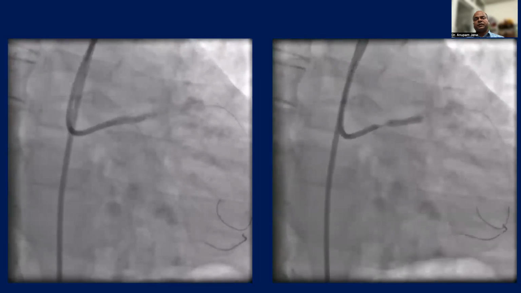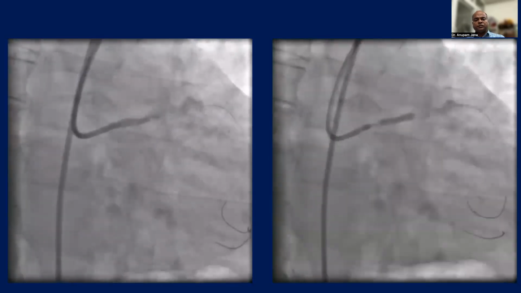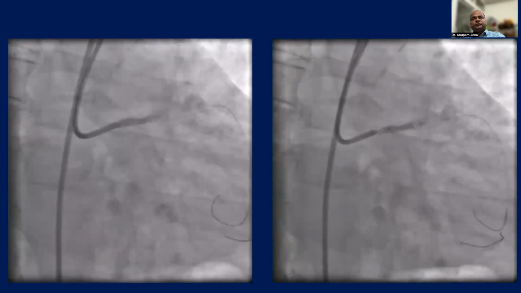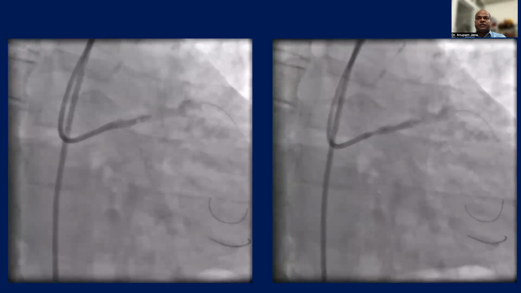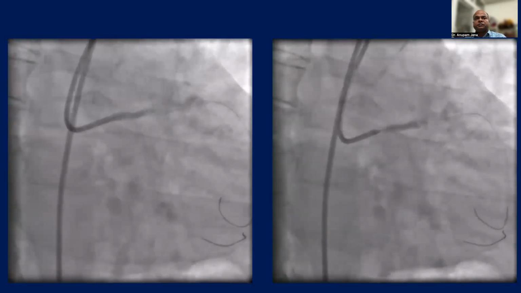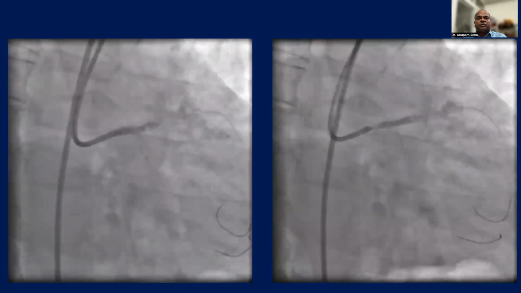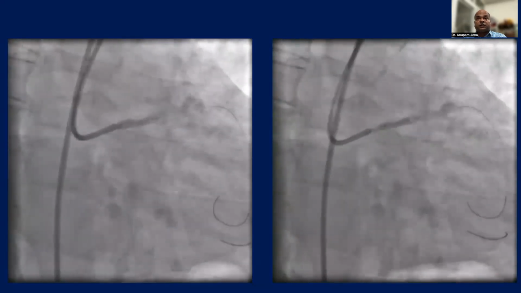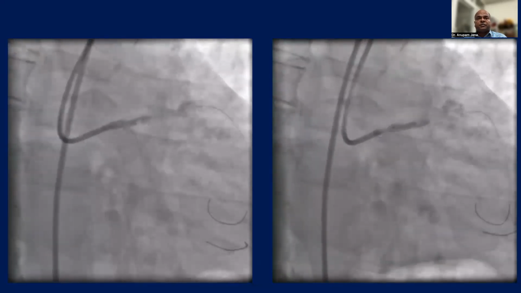First of all, when we do lithotripsy in a non-left main location, we give 10 pulses, then we inflate the balloon to 6 atmospheres, and then we deflate. But in a left main location, we cannot keep the balloon inflated for a long time, because that will produce significant myocardial ischemia.